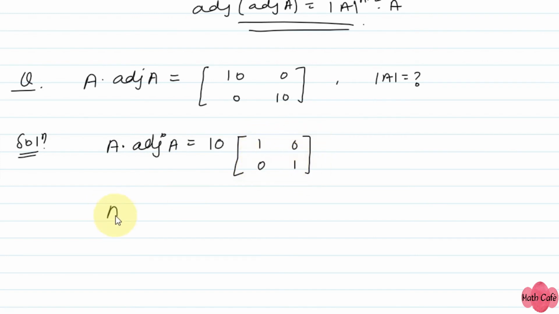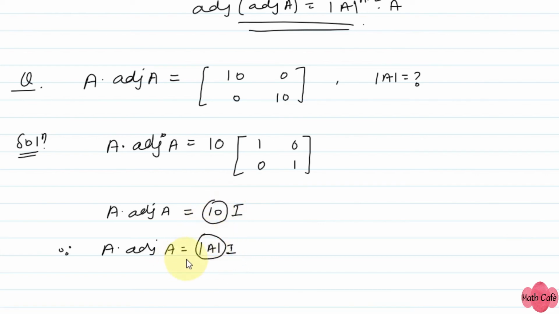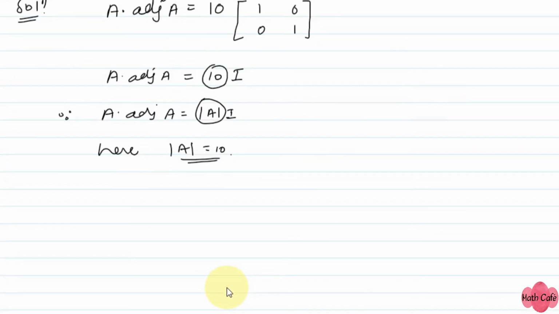So A multiplied by adjoint of A will be 10 times I. As we know, A multiplied by adjoint of A is nothing but determinant value of A into I. If I compare both the terms, we get that 10 is equal to determinant value of A. So here determinant value of A will be 10. Hope you understand this. Let's move to another example.